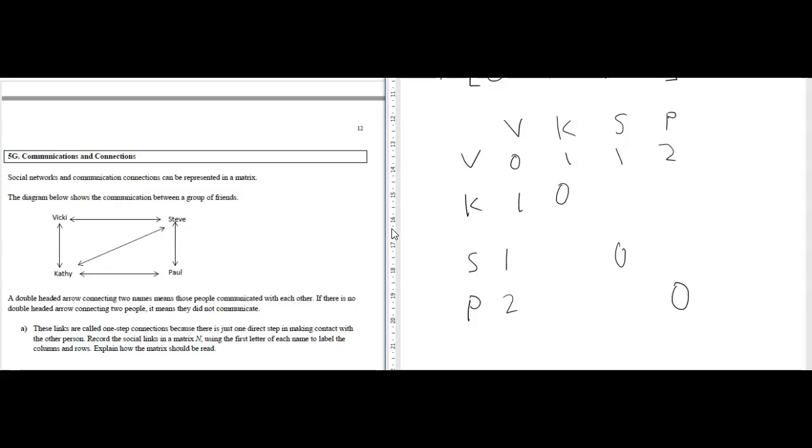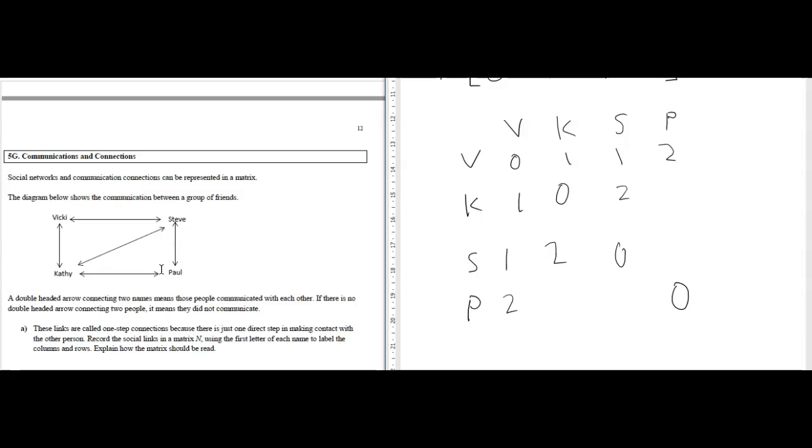All right, let's move on to Kathy. So Kathy can contact Steve via Paul or via Vicky. So there's 2 ways she can contact Steve, and the same in reverse. And then Kathy and Paul, Kathy can only go through Steve.